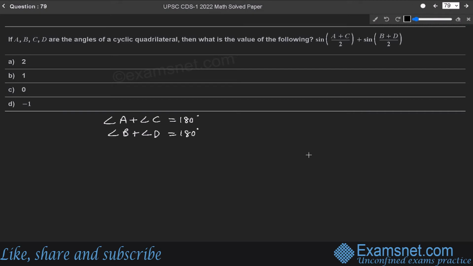So we can write it as sin((A + C)/2) + sin((B + D)/2) equals sin(180/2) + sin(180/2).